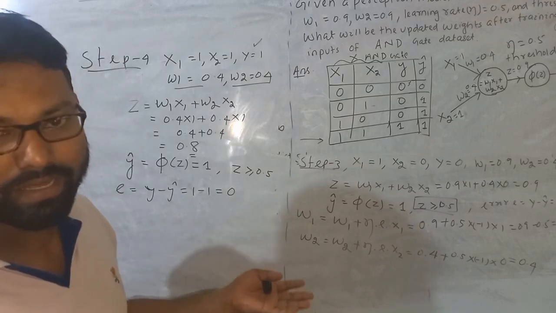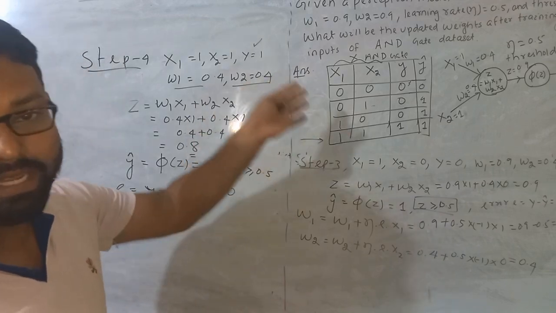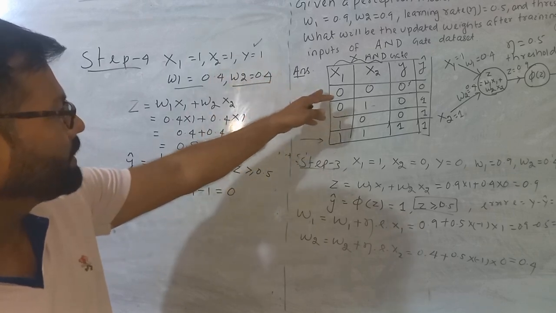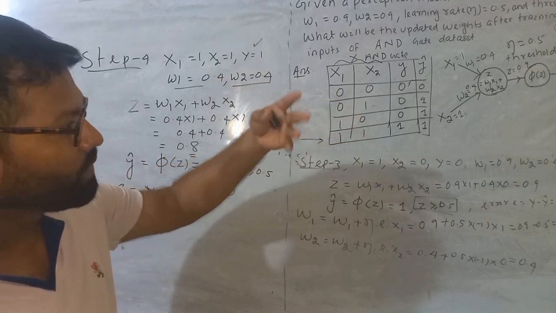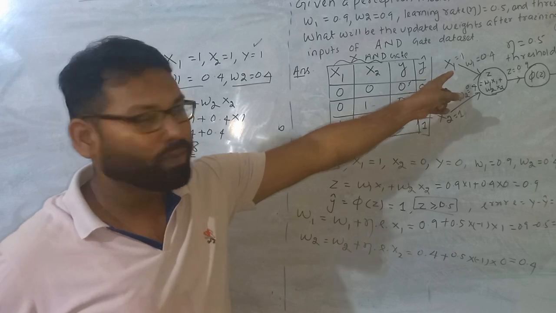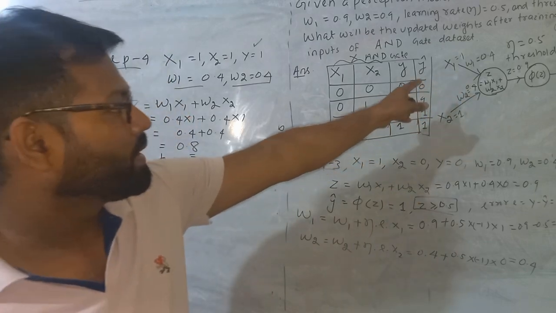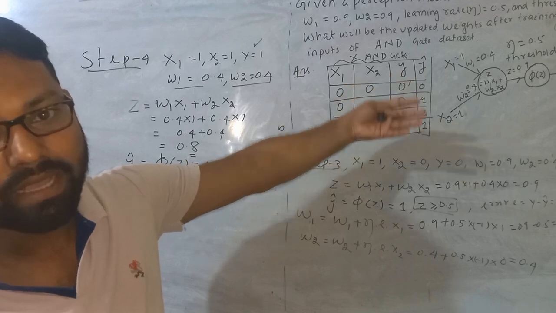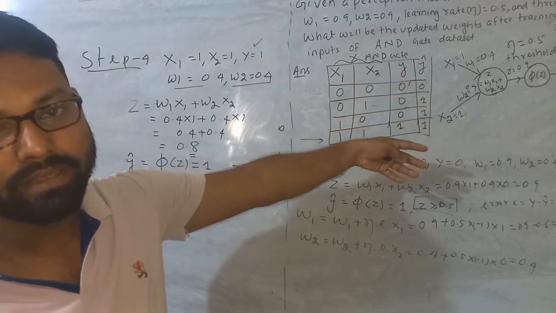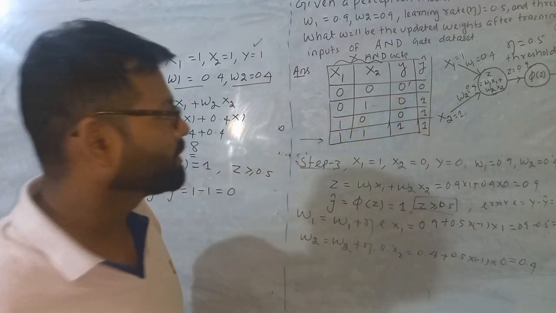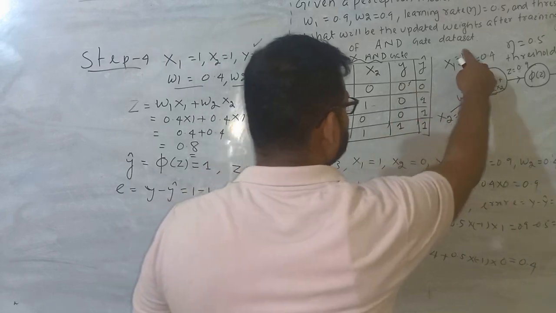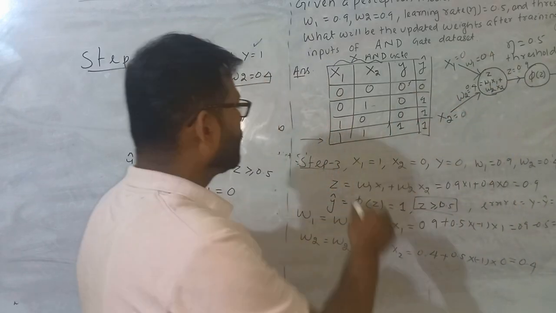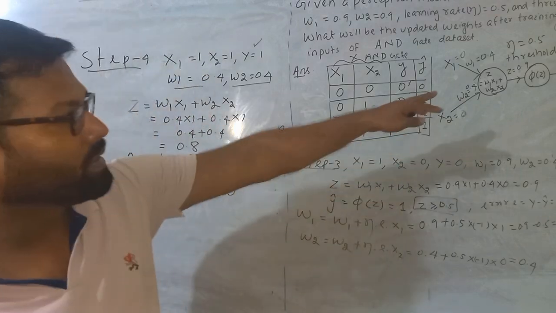Let's check in the next iteration, the next epoch, if I put these values in, can my model do perfect prediction? Here my W1 is 0.4, W2 is 0.4, and let's try from the beginning with the inputs. Is it predicting perfectly or is error coming? If I provide x1 equal to 0, x2 equal to 0, let's predict y cap.